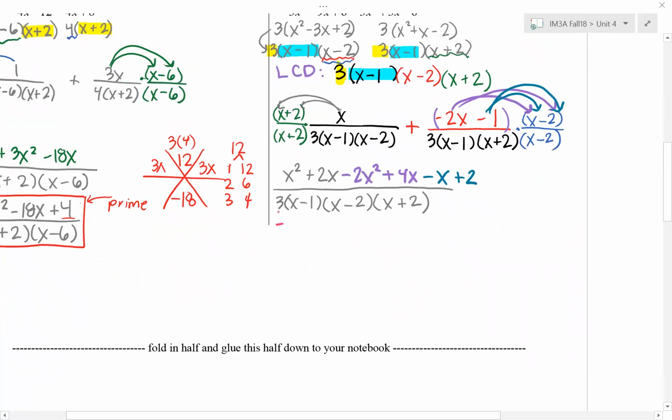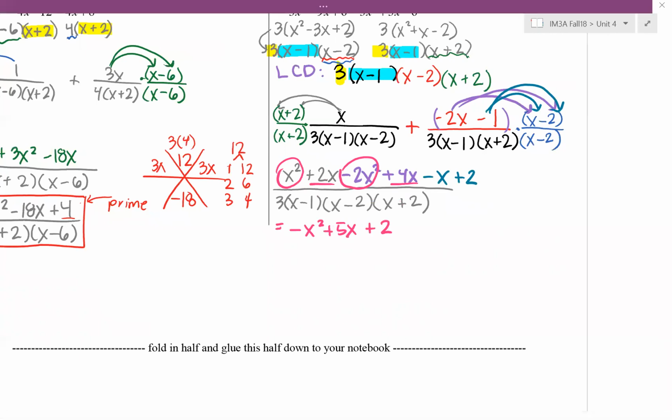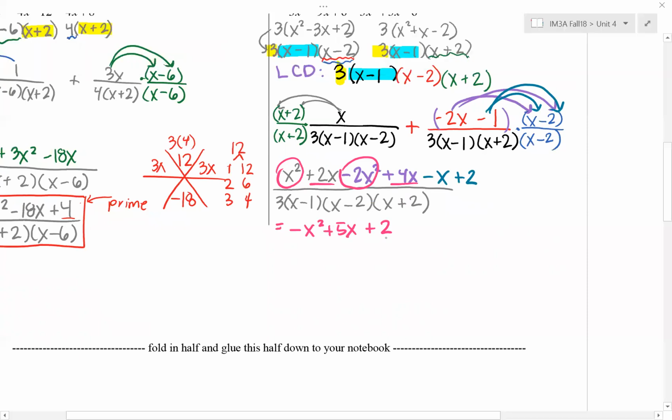If we look at our x squareds, we have x squared minus 2x squared, so that's going to be negative 1x squared. And then for our x, we have 2x plus 4x, so 6x minus x, so plus 5x. And then our plus 2, all over our common denominator of 3 times x minus 1 times x minus 2 times x plus 2.